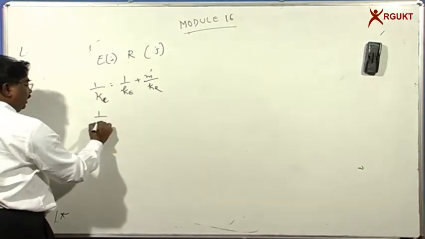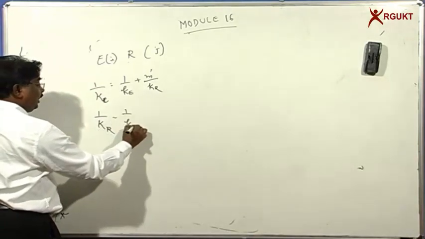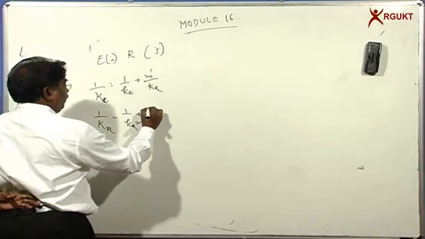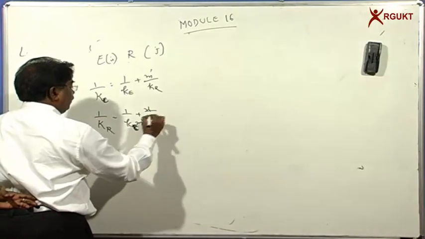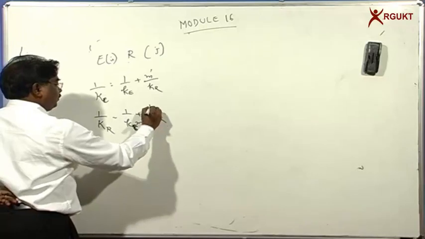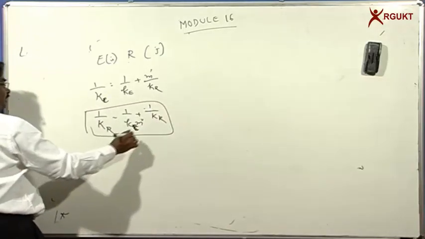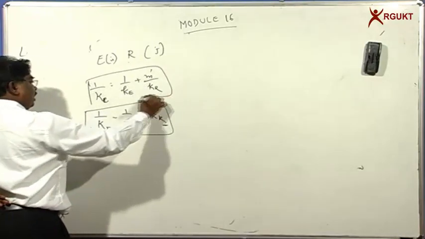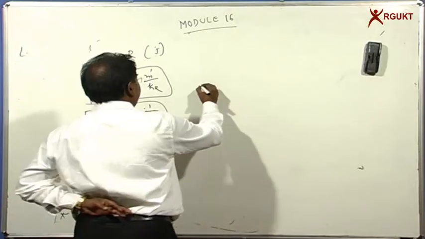Or we may say 1 by capital Kr is equal to 1 by small kr plus 1 by small ke multiplied by m double prime. So this is the overall resistance based on the R phase concentration. This is the estimation of overall resistance based on the E phase concentrations.